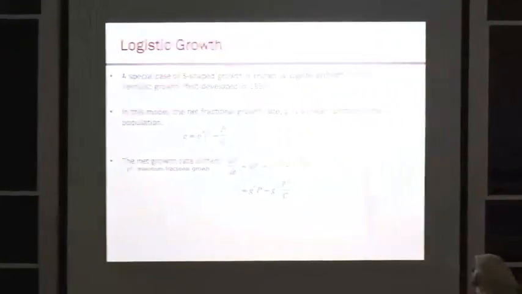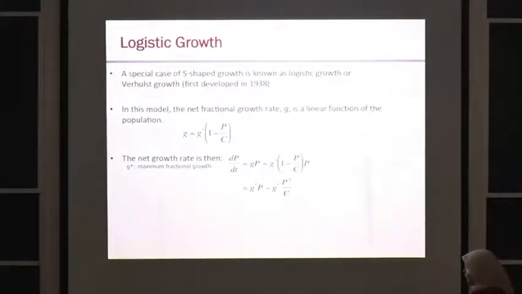This curve, as I mentioned, is often called S-shaped growth or logistic growth, and it is given by this general form, in which the net fractional growth rate of the function is of this type, where G is the net growth rate.